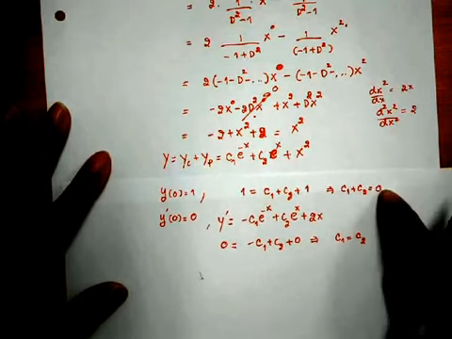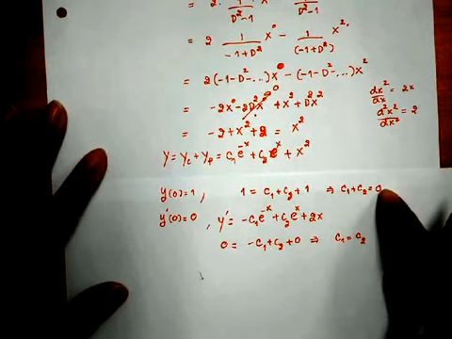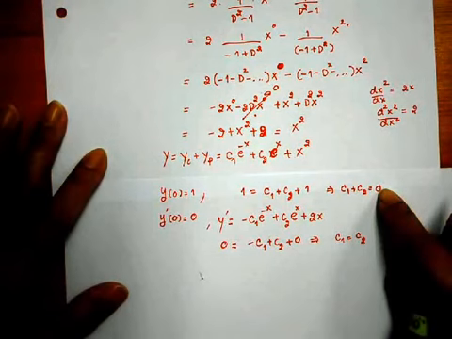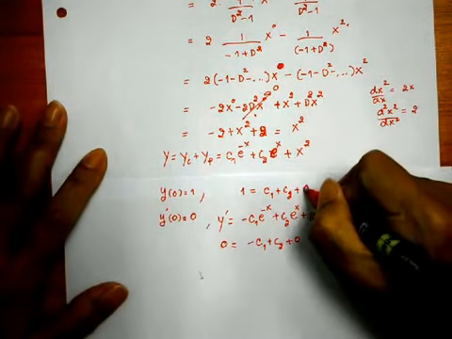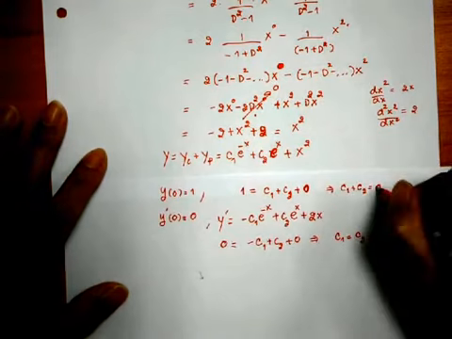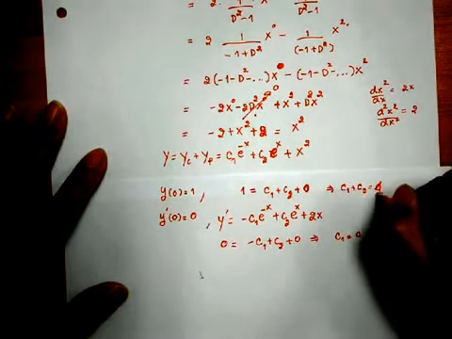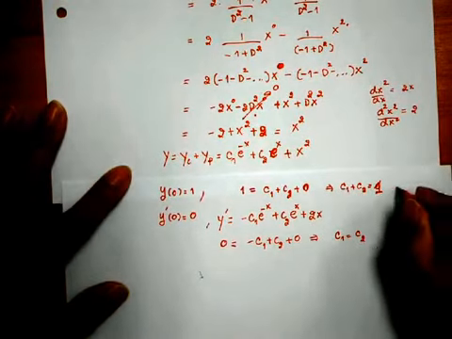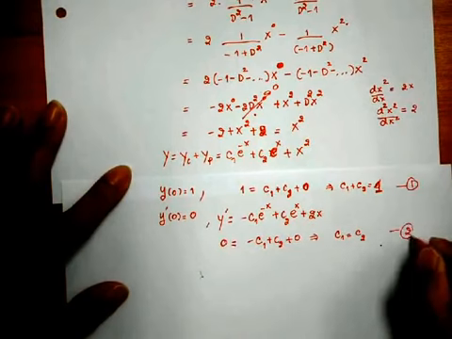This one is saying that c1 is equal to minus. Oh yeah, this one is equal to 0. So c1 plus c2 is equal to 1, right? This is our first equation and this is the second equation.